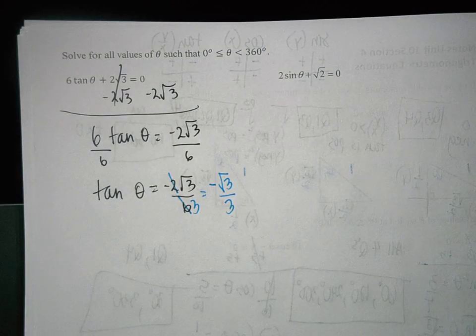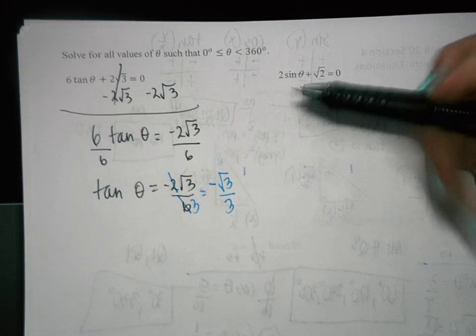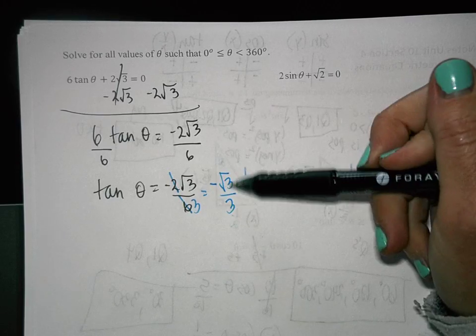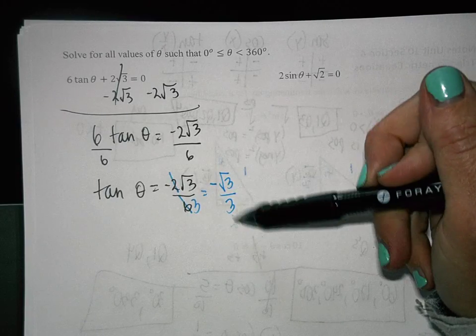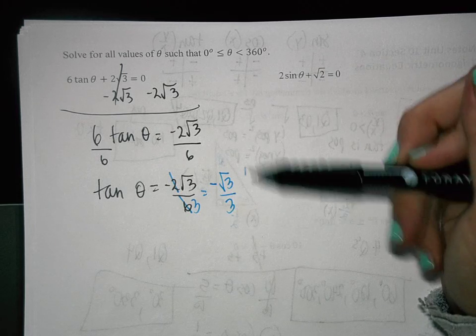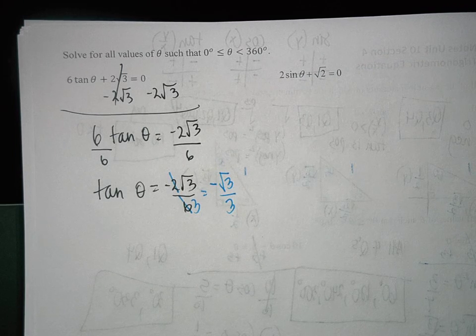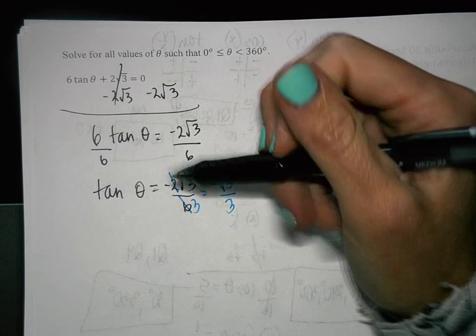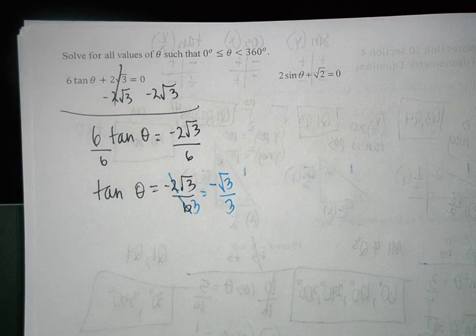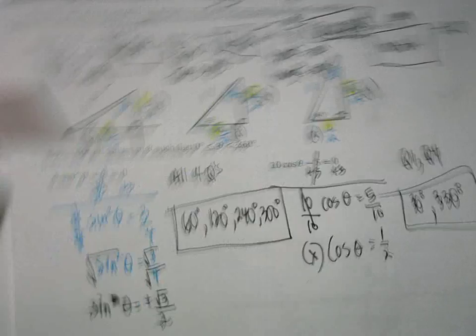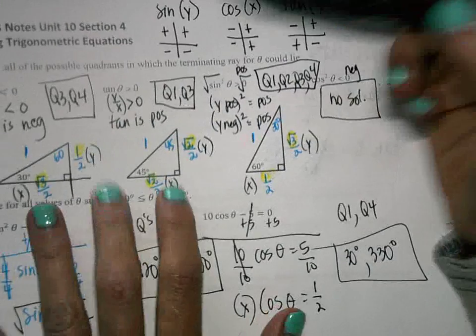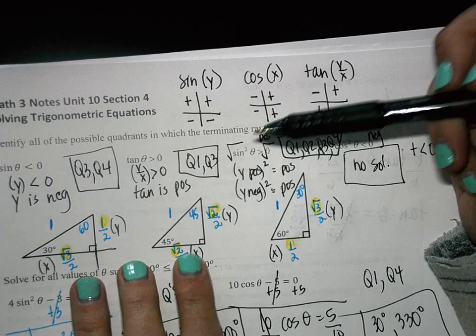If you'll notice and think back to previous problems, when I had an answer like this where I had a root 3 and a 3, I had to undo the rationalizing in order to figure out where they were. And so for tangent, because we're dealing with y over x, if you were to go back and look at all of our special right triangles here, there is never a value where we have a root 3 and a 3 in the numerators.